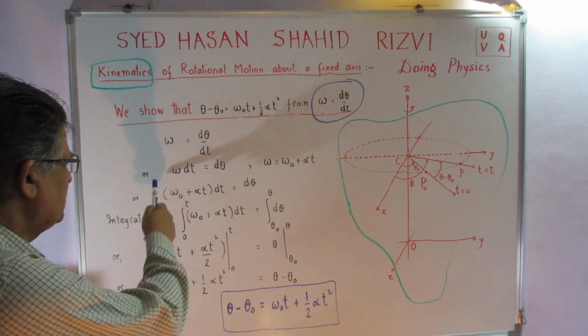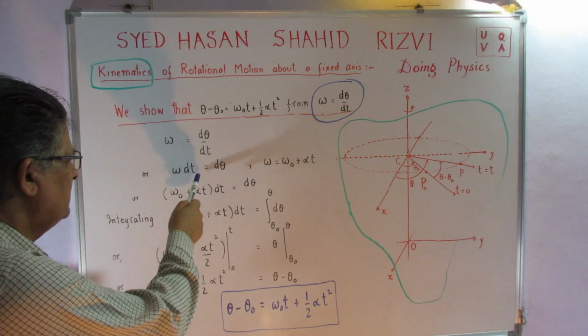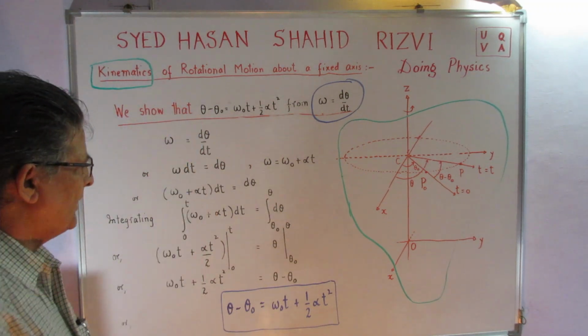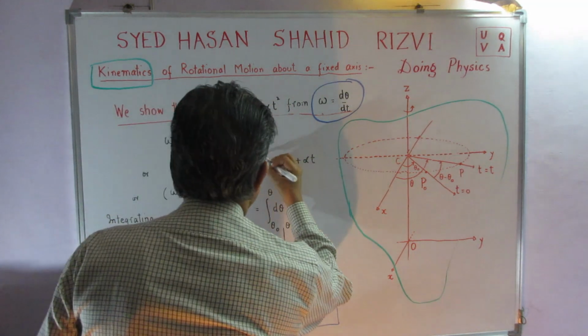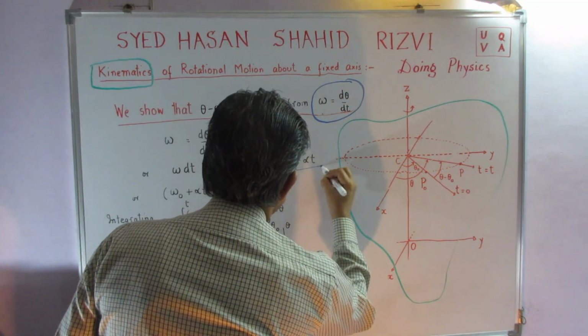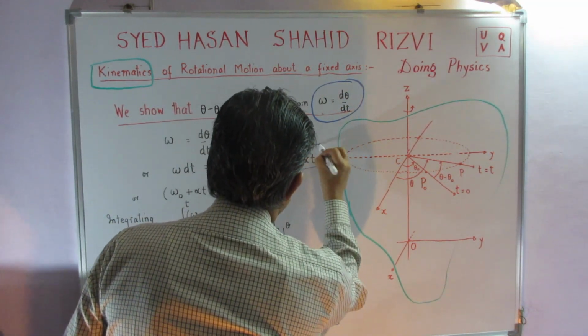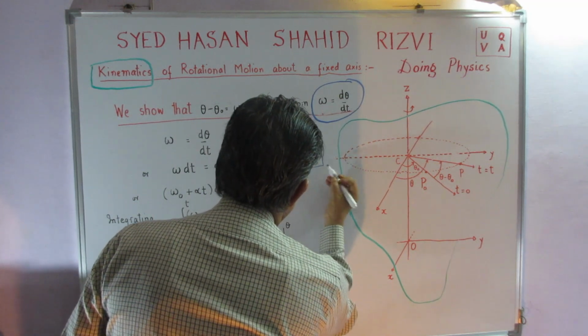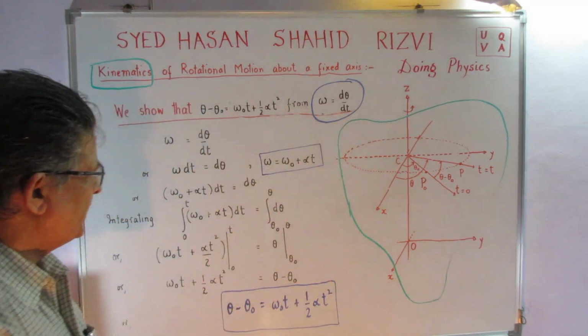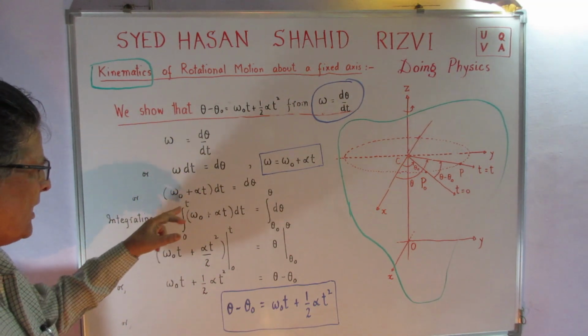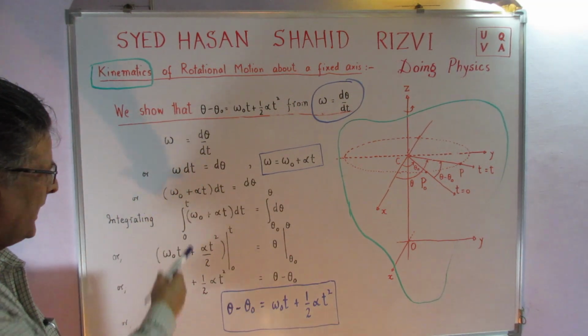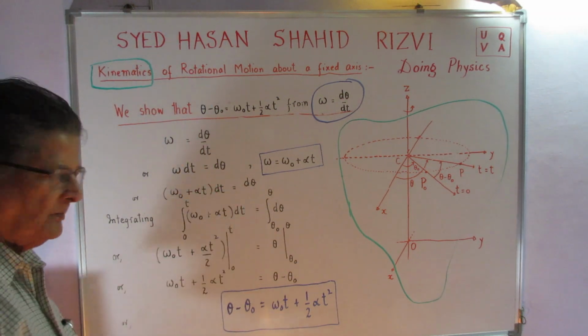So I write this omega dt is equal to d theta. And of course, the value of omega we derive from the last equation, and we substitute it here. Omega is equal to omega naught plus alpha t. So I write it as omega naught plus alpha t into dt is equal to d theta.